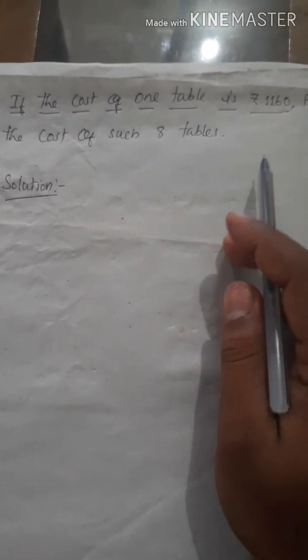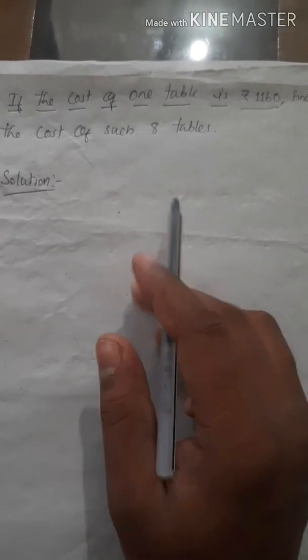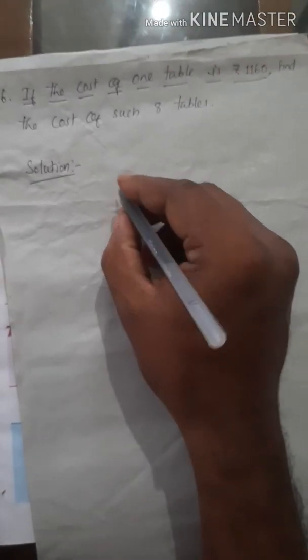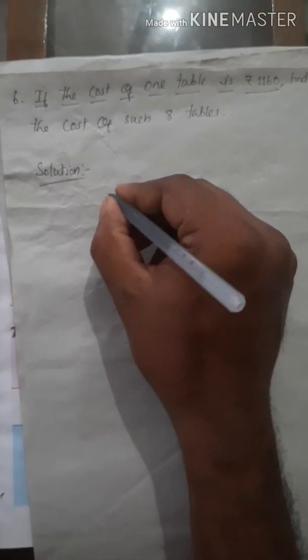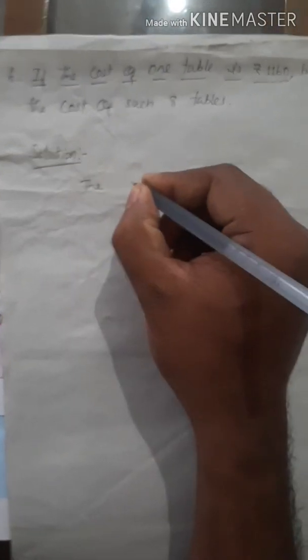If the cost of one table is rupees 1160, they are trying to tell us about the cost of one table. What is the cost of one table? It is equal to 1160. So write the cost of one table is equal to 1160.